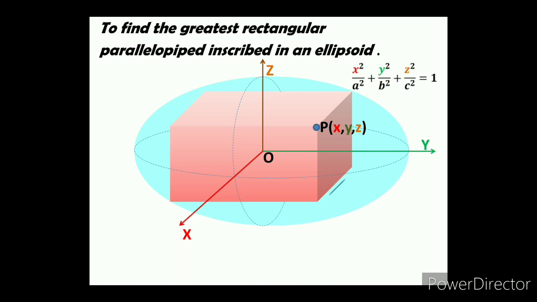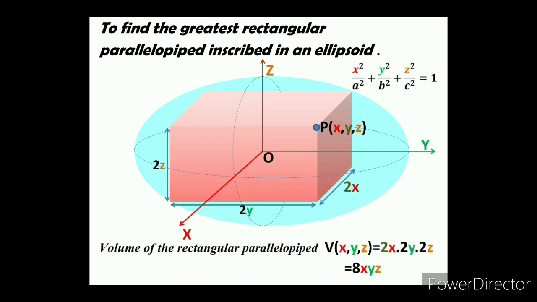Then the length, width and height of the parallelepiped are 2x, 2y and 2z respectively. And so volume = length × breadth × height = 2x × 2y × 2z = 8xyz.